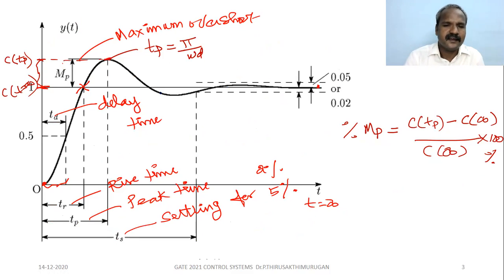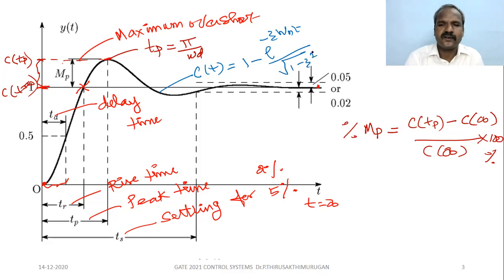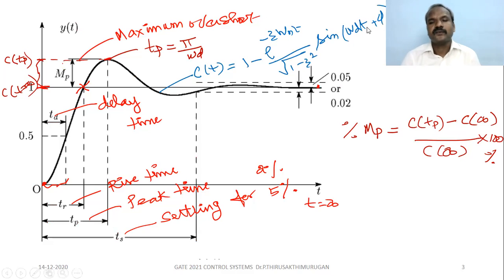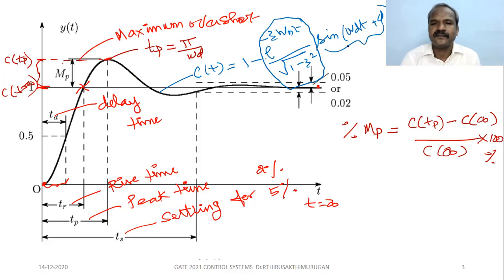This is the equation of this curve: C of t equal to 1 minus e to the power minus zeta omega n t divided by square root of 1 minus zeta square, sine omega d t plus phi. Out of these two terms, this is the exponential term, and this is the sine term.